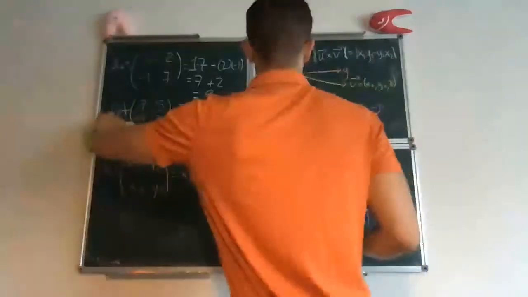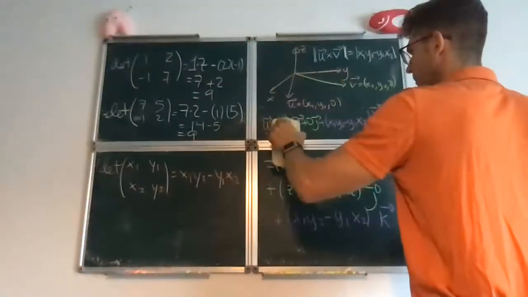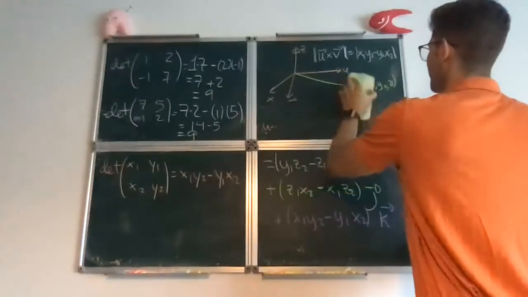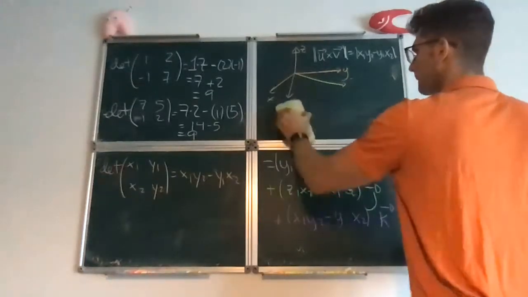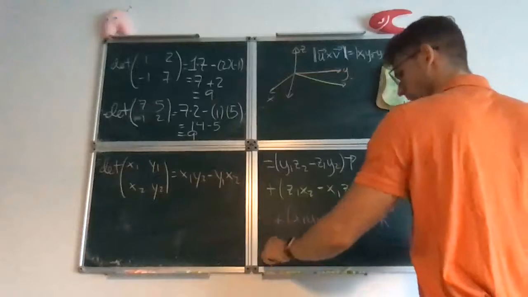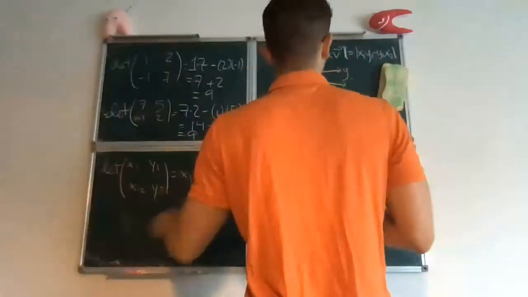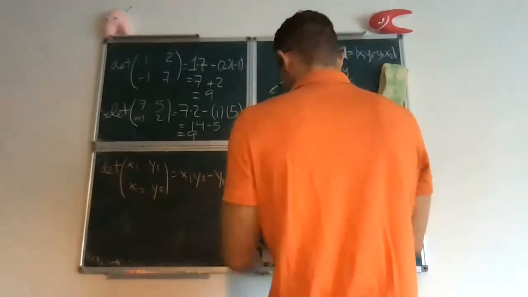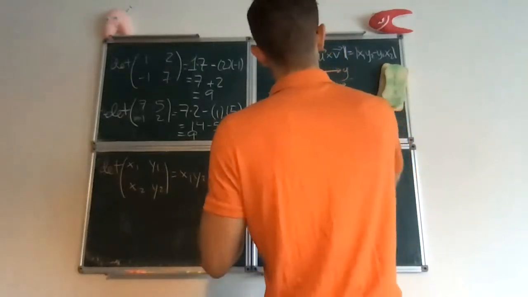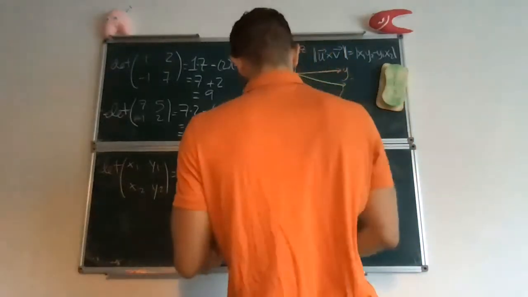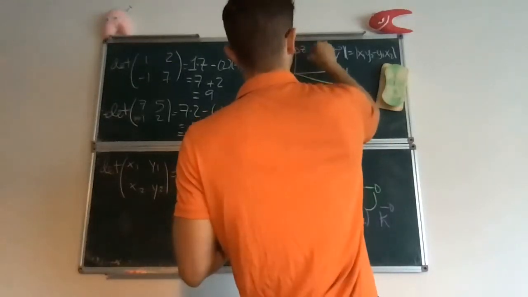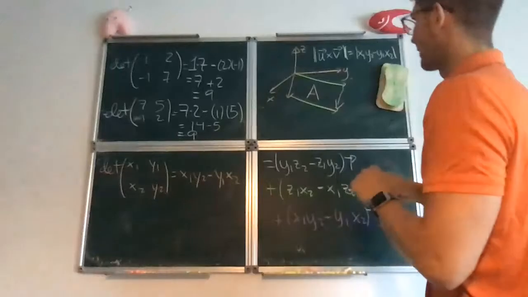On the other hand, we know that you can make a parallelogram with these two vectors, and the area was the same as the norm of the cross product.